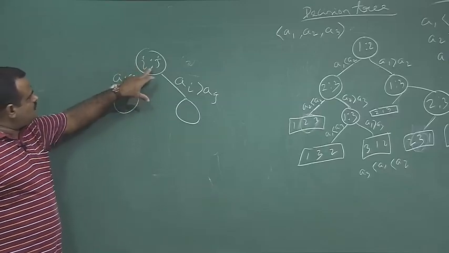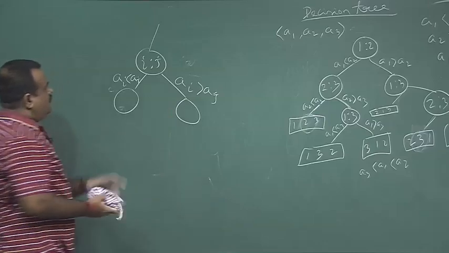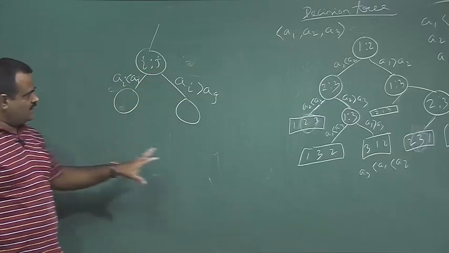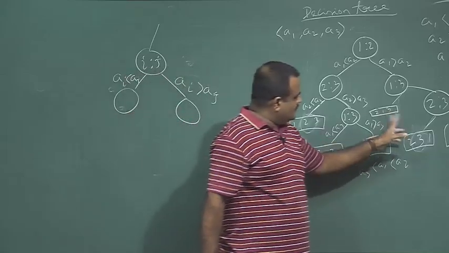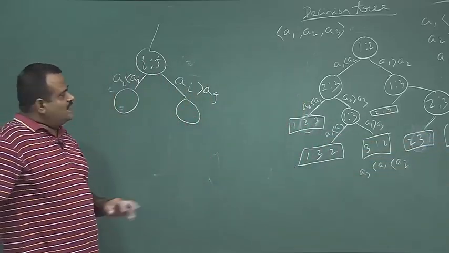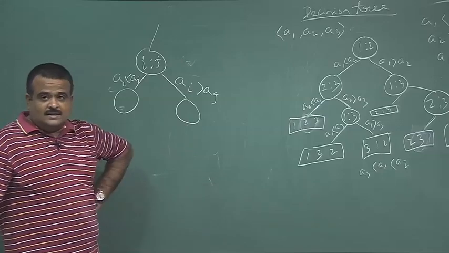So, each node is like this i:j, that means we are comparing Ai and Aj, and finally we are reaching a decision. These are all leaf nodes. So, these leaf nodes are the decisions.